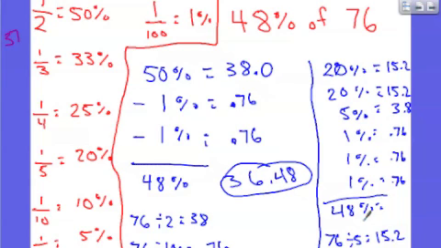Got to make sure I didn't add that wrong there. I did 7.6, that's my fault. 15.2 plus 15.2 plus 3.8 plus 0.76 plus 0.76 plus 0.76 equals 36.48, or 36 and 48/100ths.